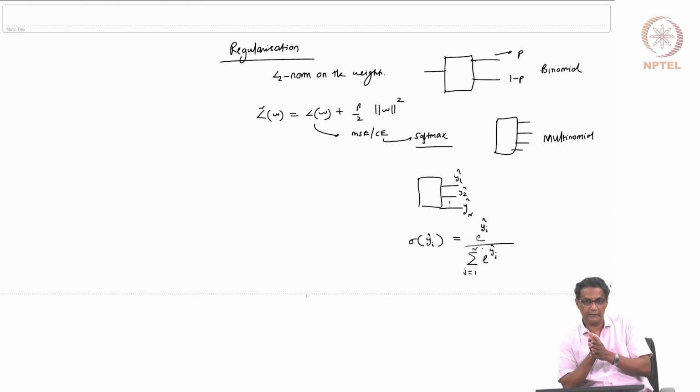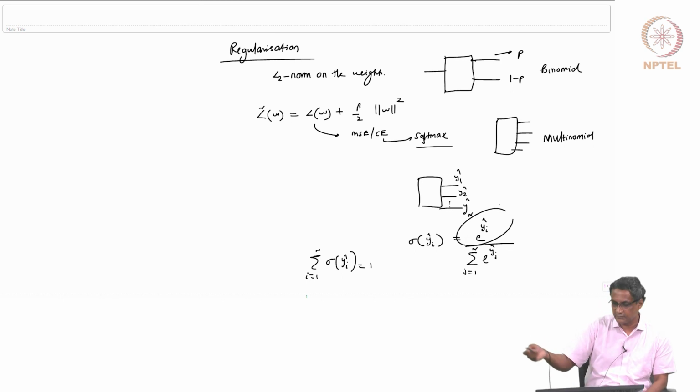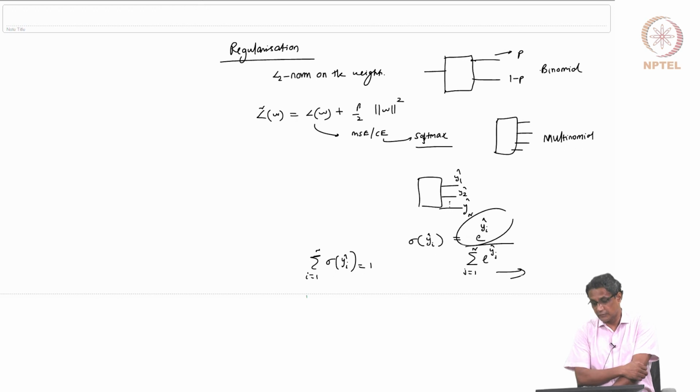Finally, sigma of ŷi will be a number between 0 and 1, because if you do the summation of sigma of ŷi over all i equal to 1 to n, that will be equal to 1. The numerator sum and the denominator sum are equal, and therefore these values will sum to 1.